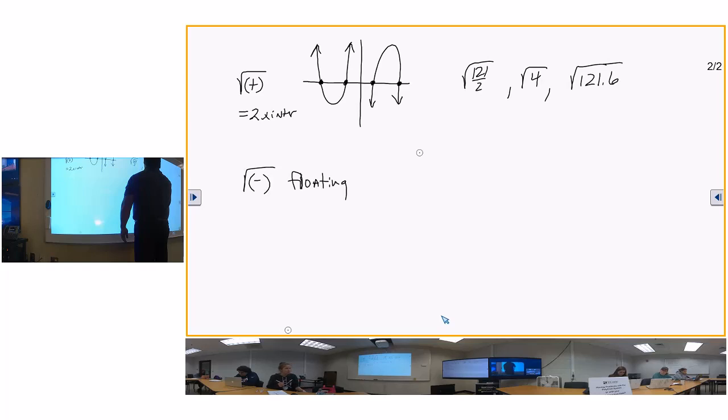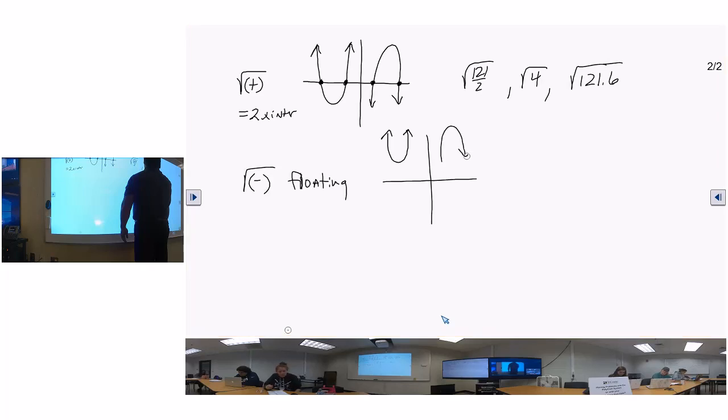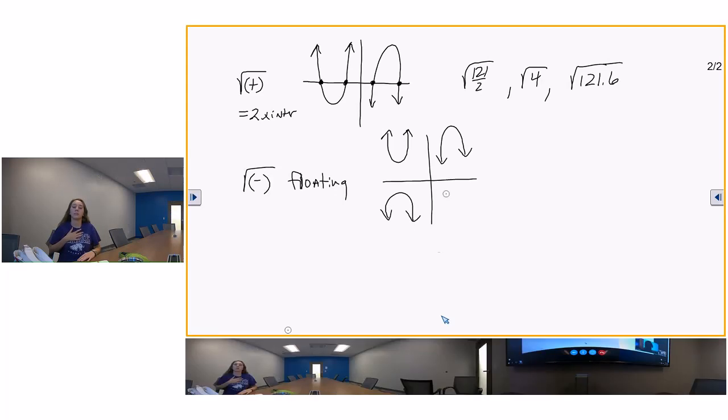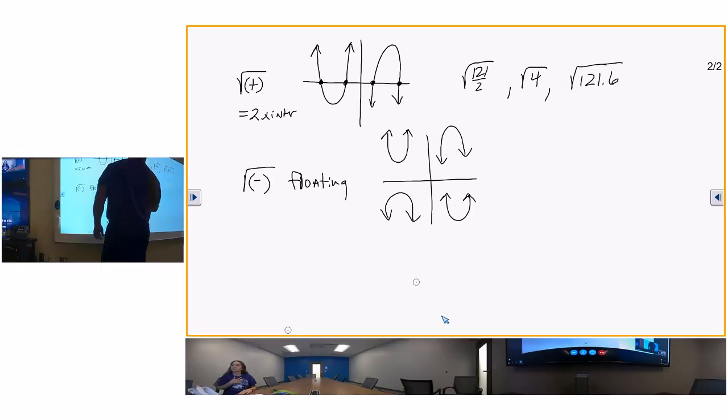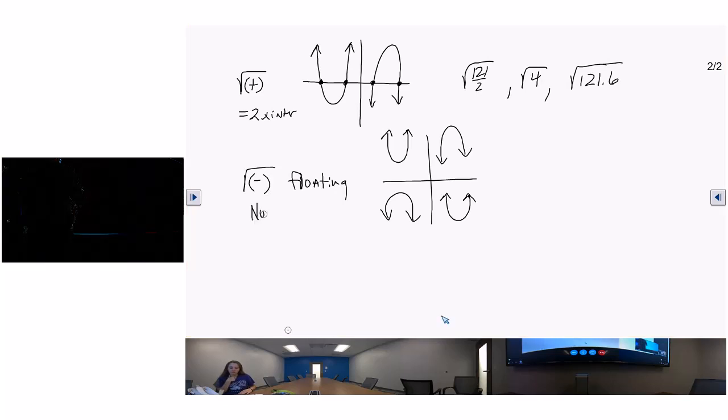It's in one of the quadrants, but it's not crossing the x-axis. It's out there floating. So when you take the square root of a negative, you don't have any x-intercepts.